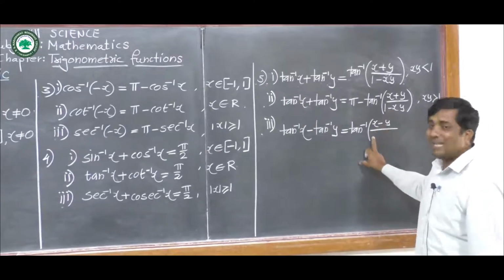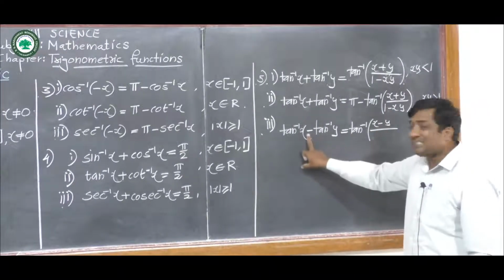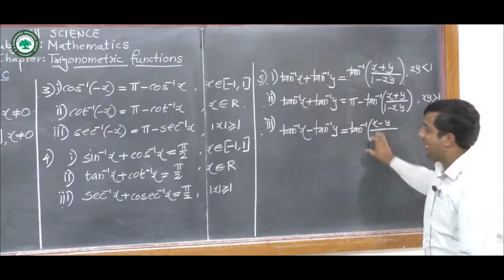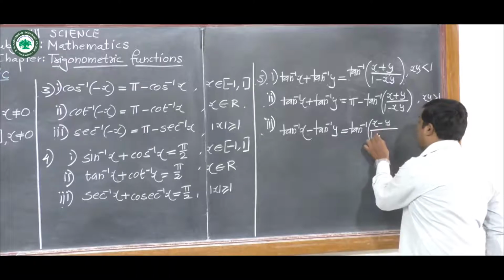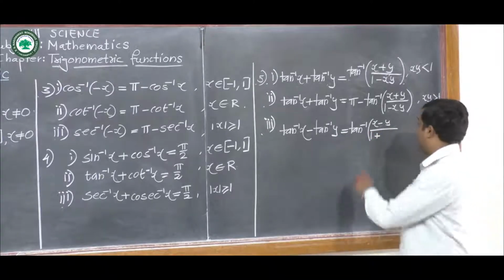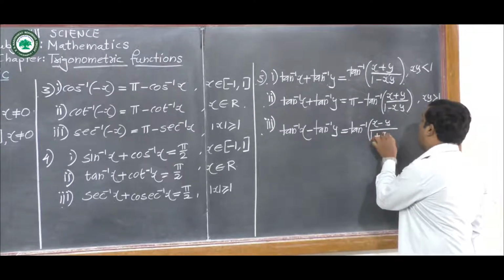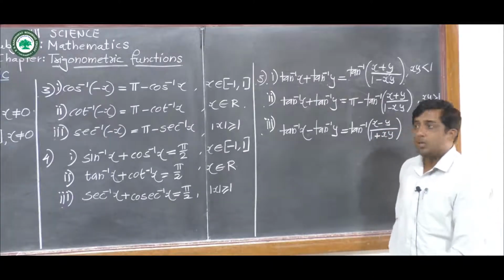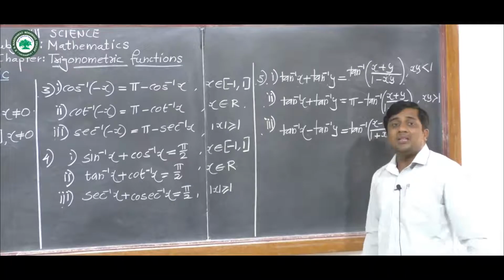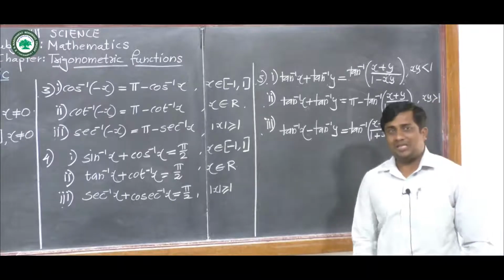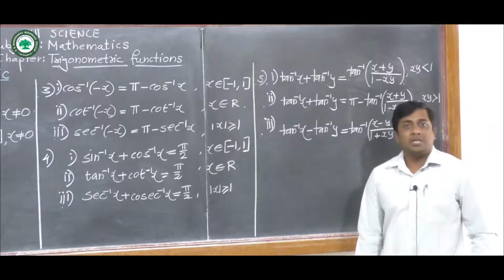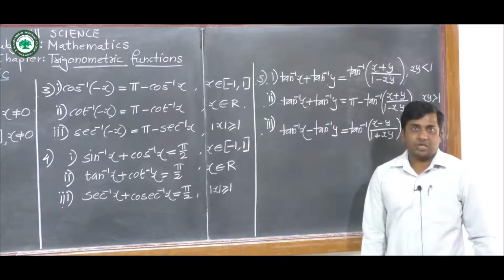Similarly, in this property, if minus is given, then in the numerator we use minus and in the denominator we consider a plus sign. So in the denominator we have 1 plus xy. Again, we define this fifth property by using the principal value branch of the given inverse trigonometric functions.